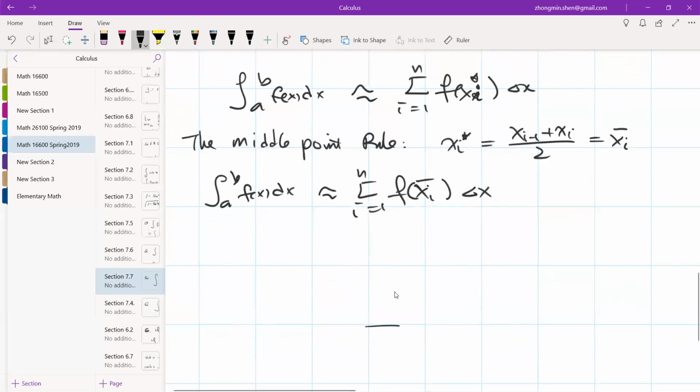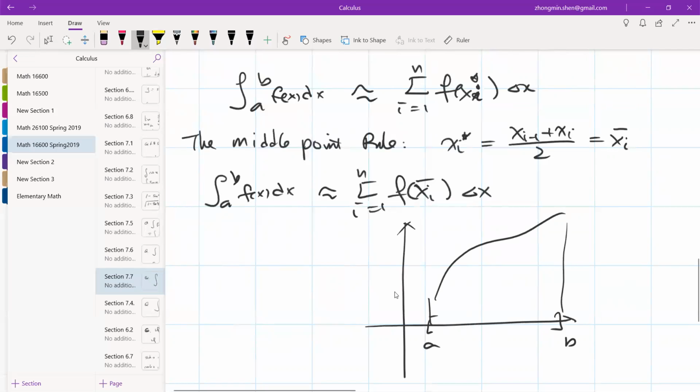So we look at the picture here, the graph. Here's A and B, and x, here's x i minus 1, xi.